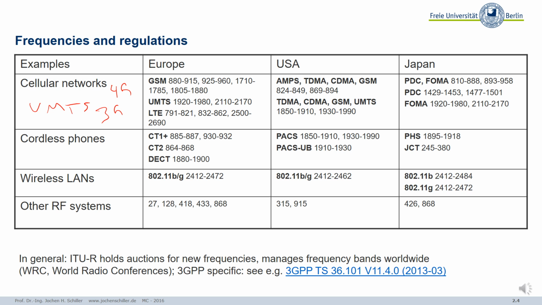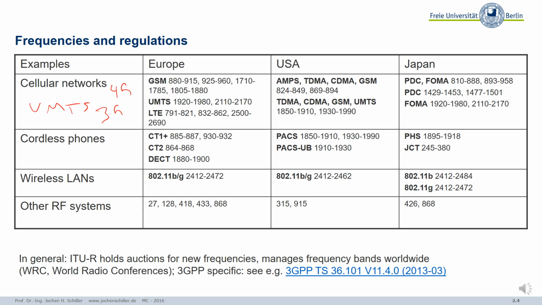Historical reasons. Japan, as an example, is an island, so they can decide on their own, oh, we use this or that frequency. Okay. Europe and USA, also for historical reasons, use slightly different frequencies. Why? As we will learn, it's organized in different ways. The classical scheme in Europe was that the governments decide which frequency to use for which technology.